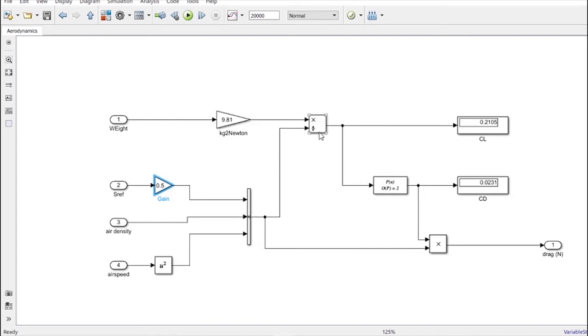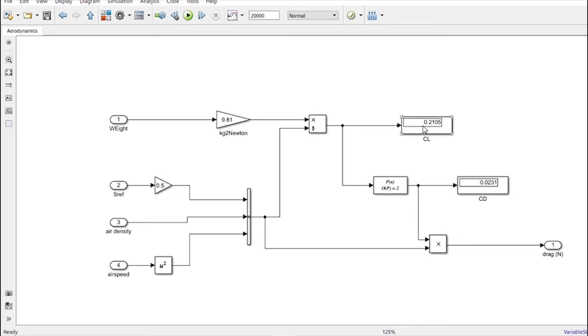Once I have my lift coefficient, I use these display scopes to visualize the values that the simulation produces. This is a very easy debugging tool to understand what values are being generated, and whether it makes sense that these values are actually generated by the Simulink model.